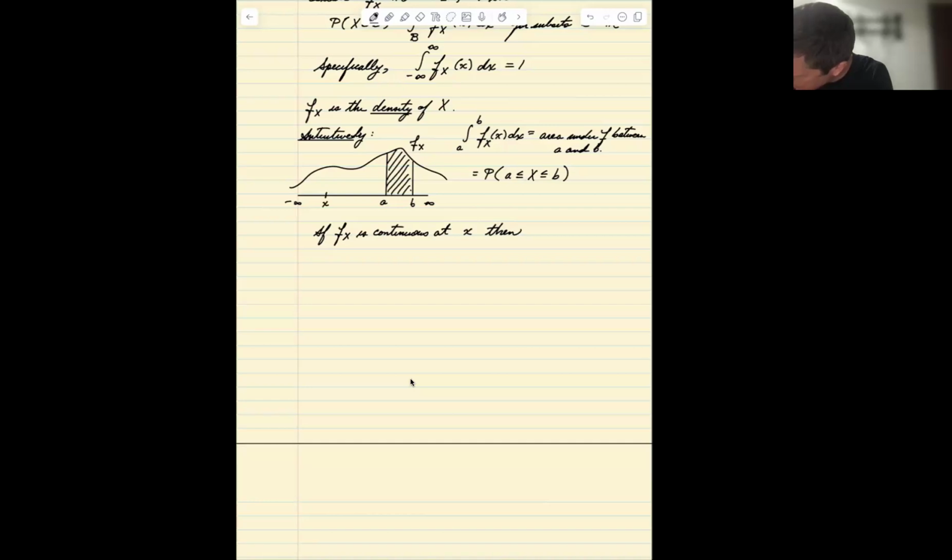Let's think about the probability that x is between little x and x plus a little bit, which we'll write as delta.